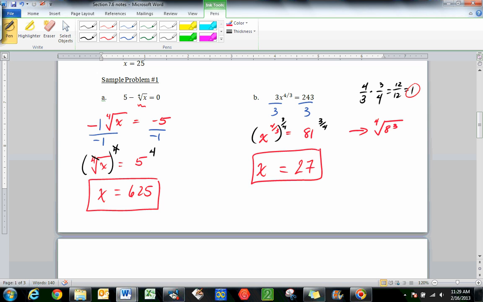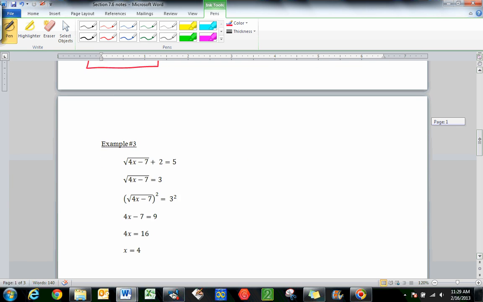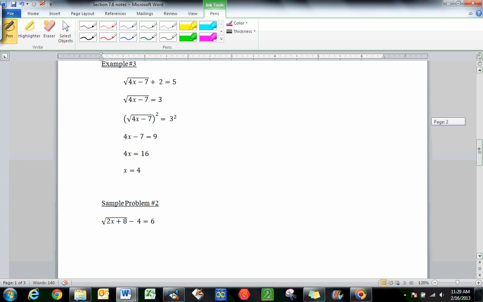Okay, very good. So let's move down to the next example. And we're not doing anything new or different, but you can see here that this time my radical expression has a much bigger expression underneath it. And again, the first thing we need to do is get that radical expression isolated before we can use the square to eliminate the radical.